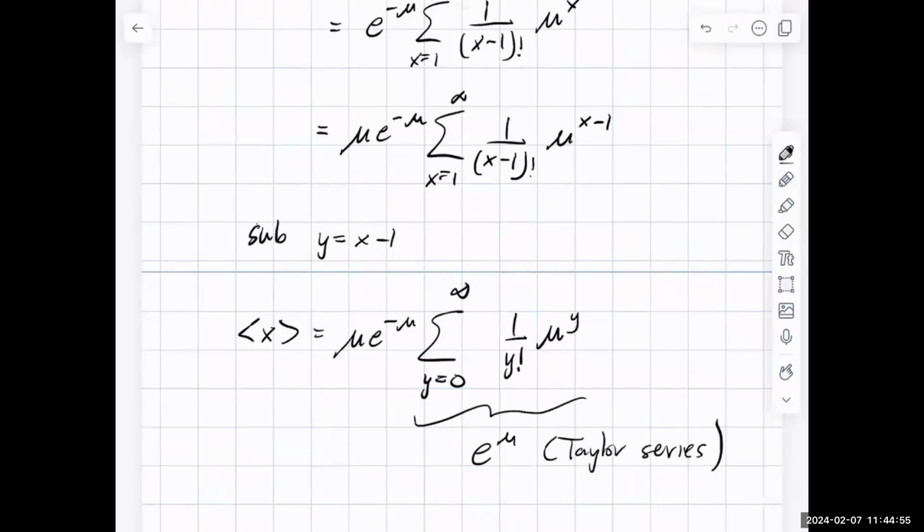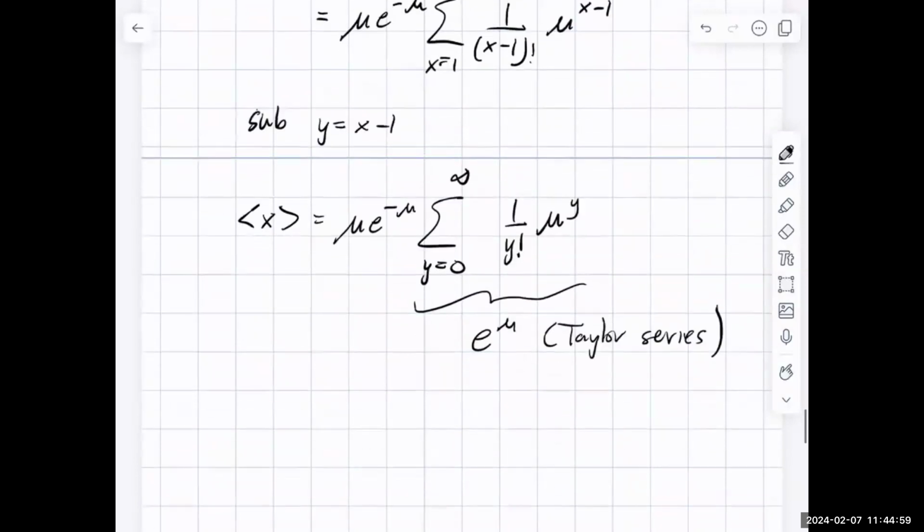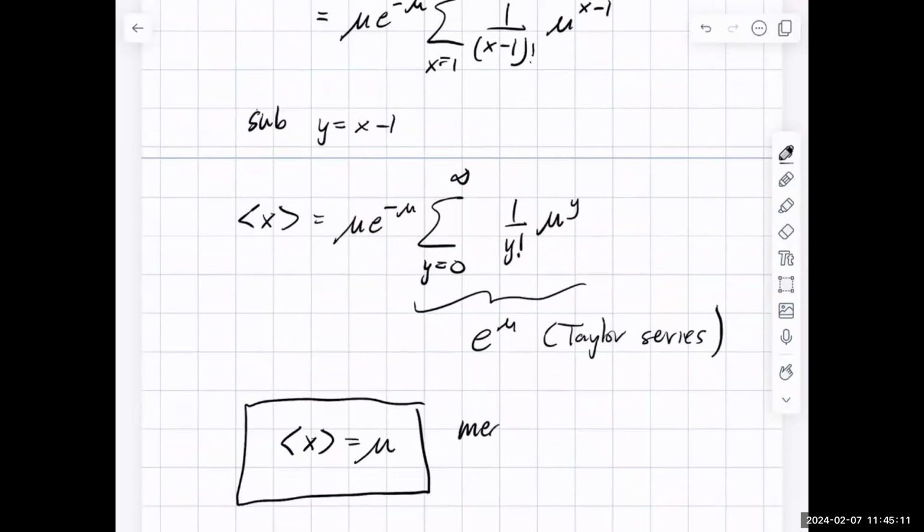And so e to the mu cancels with e to the minus mu. And we probably could have guessed this result, and maybe we should have tried, but we didn't. But x average is just equal to mu, which is the mean. Okay, so this is the mean of the Poisson distribution.